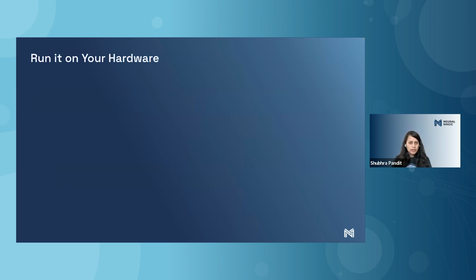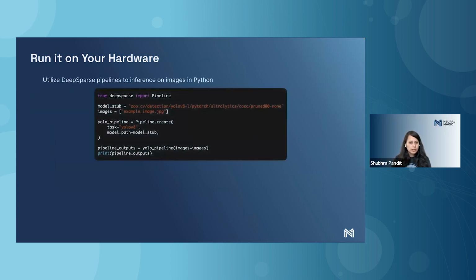For running it on your hardware, there are a couple of ways to run inference using one of our sparsified models. You can integrate it into your Python code by importing our DeepSparse library and using it to download a sparsified model from our open source repository, and then running your images through for inferencing.